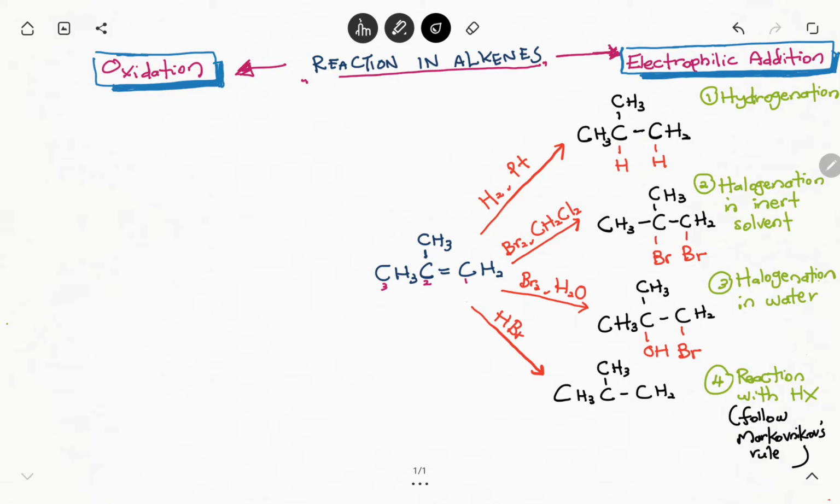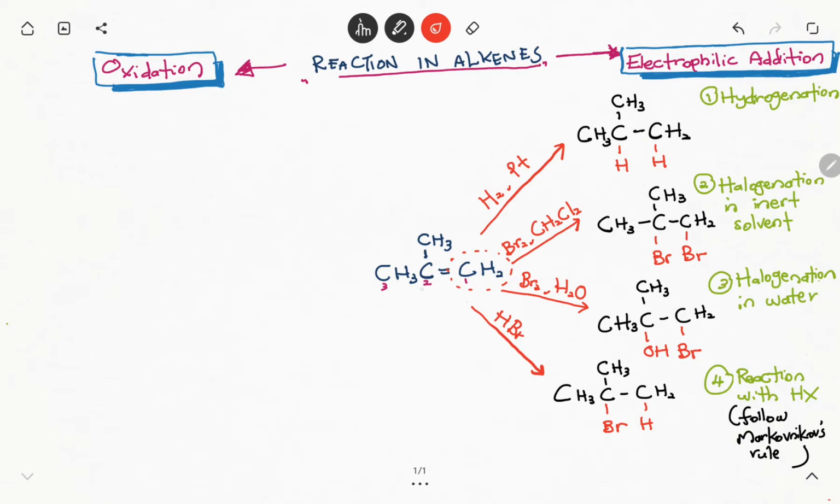So the hydrogen atom is added to carbon number 1 and the bromine atom is added to carbon number 2. Using Markovnikov's rule, we must add the hydrogen atom to the carbon of the double bond with more hydrogen atoms, which is carbon number 1, since carbon number 1 is directly bonded to 2 hydrogen atoms and carbon number 2 has no hydrogen atom bonded to it.